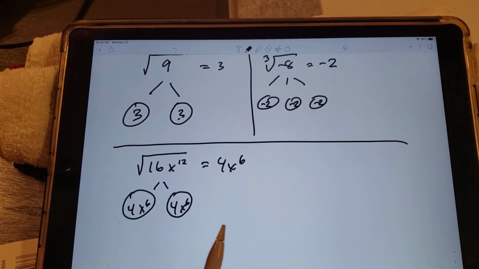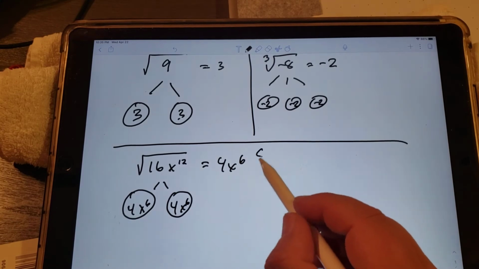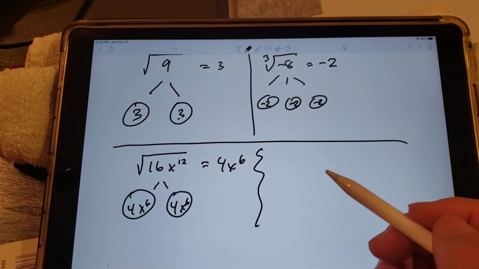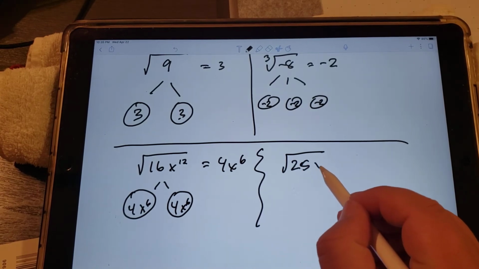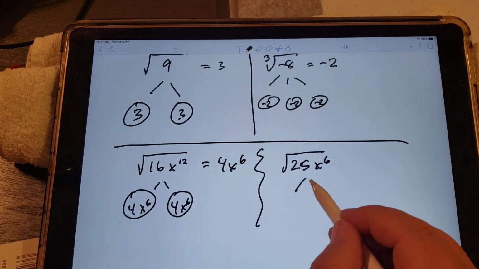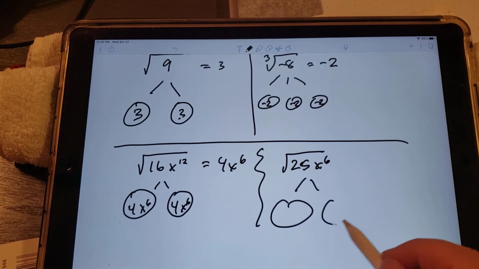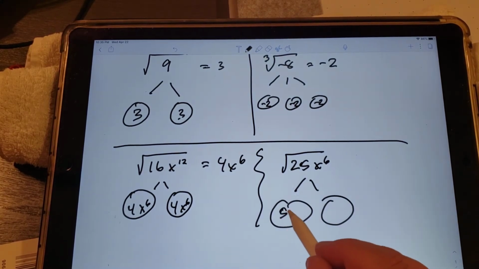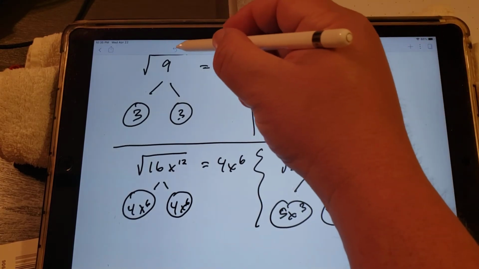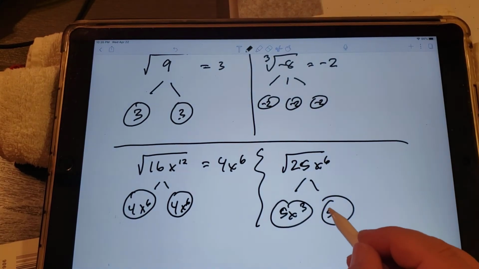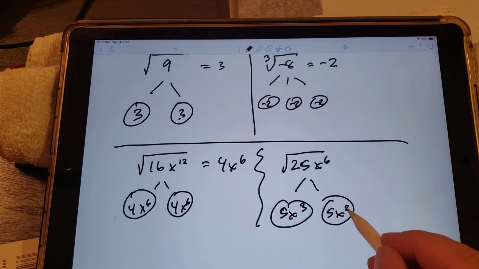All right, now I'm going to give an answer that's partially wrong right now. Let's say I said the square root of 25x to the 6. Now, if I write 5x cubed, that's actually not wrong on the face of it.